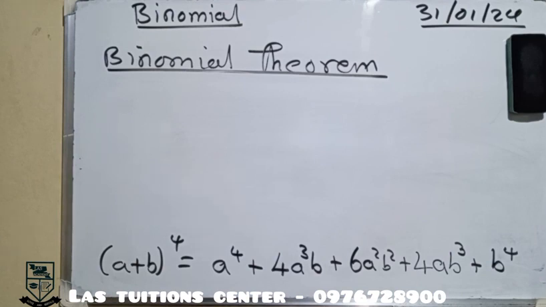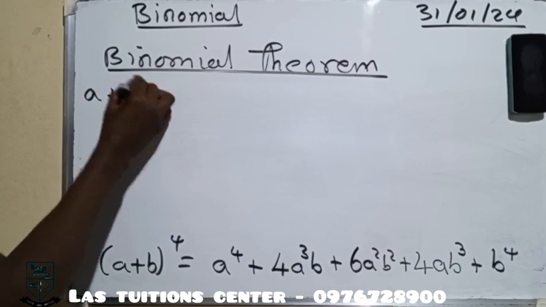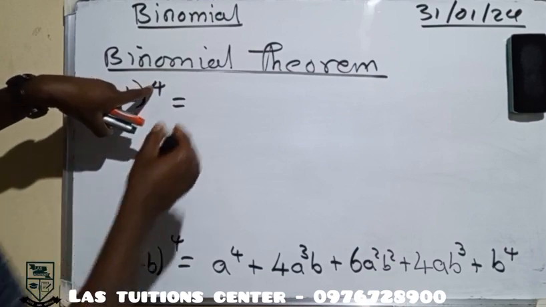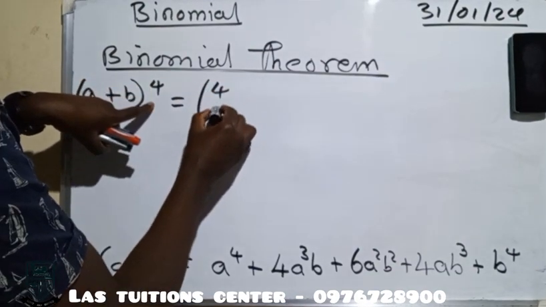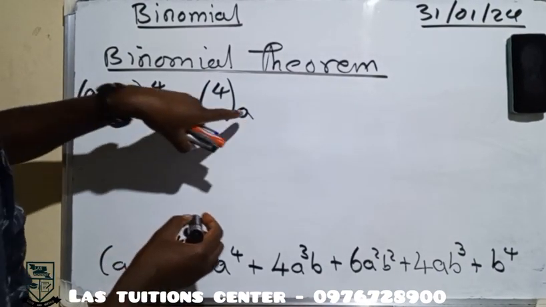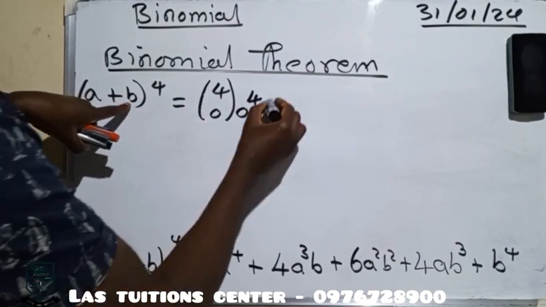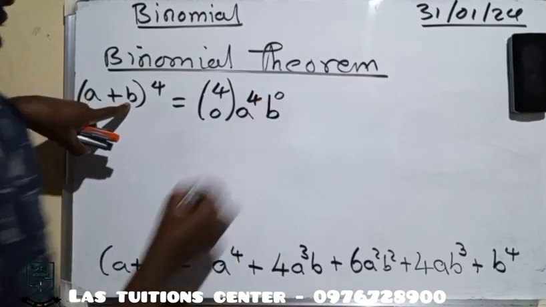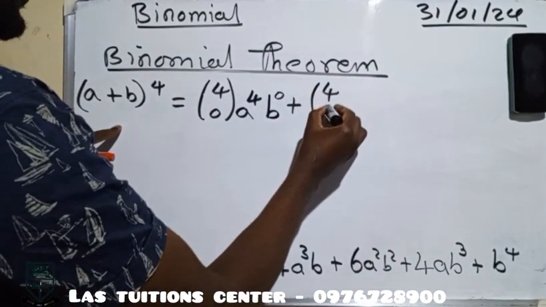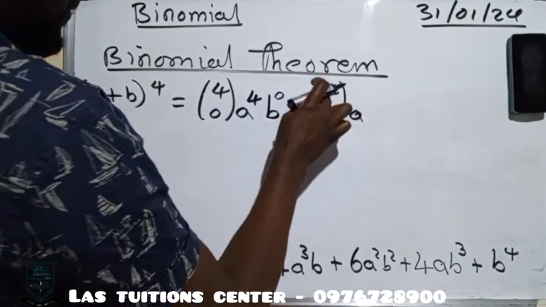Now let's use the binomial theorem. So we have a plus b to the power 4. The n here is the 4. So we have 4 choose 0. Then we have a, and the power of a is 4 minus 0, which is just 4, while the power of b is this power down here, which is 0, plus the next term.